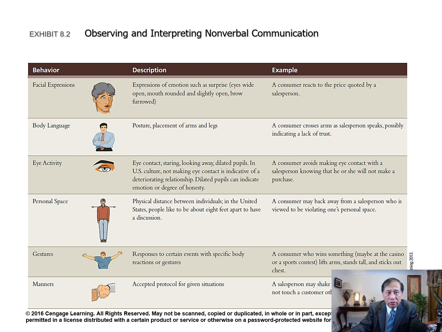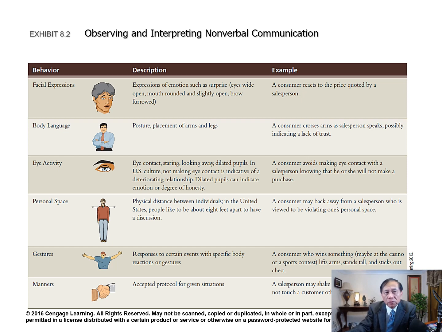Personal space, physical distance between individuals. US people like to be about 8 feet apart to have a discussion. A consumer may back away from a salesperson who is viewed as violating one's personal space.